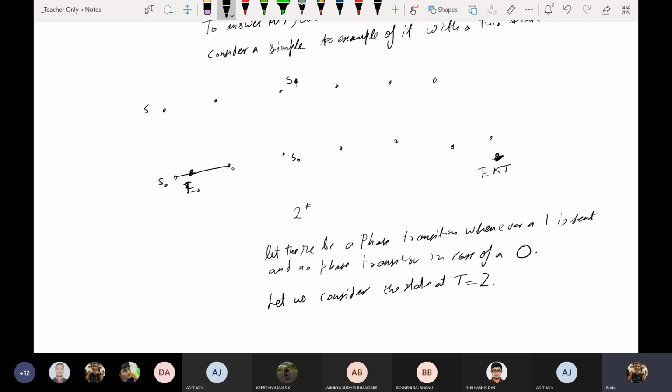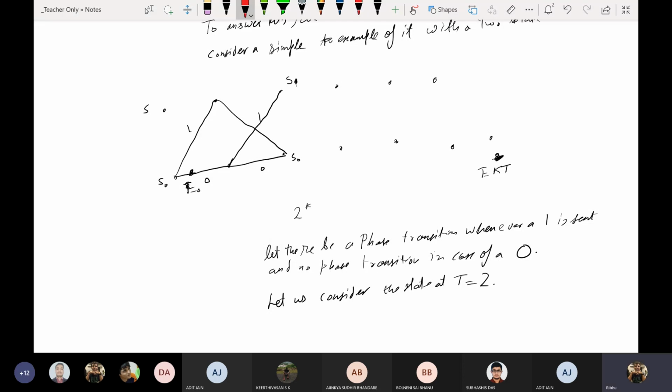S0 in 2 ways, S1 in 2 ways. S0 in this one way, and the other way of reaching S0 is this. So 0, 0, 1, 1, right? Similarly, you can reach S1 in 2 ways.